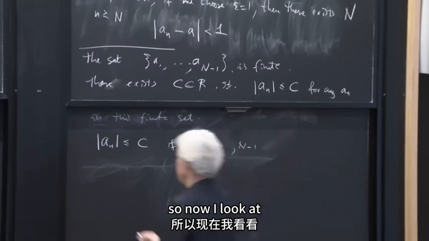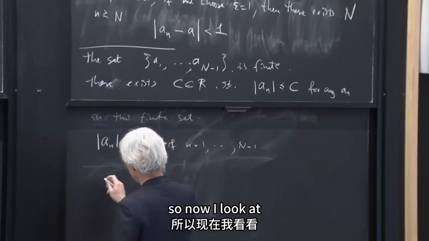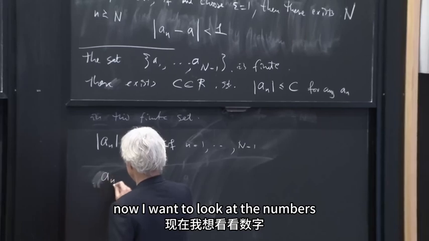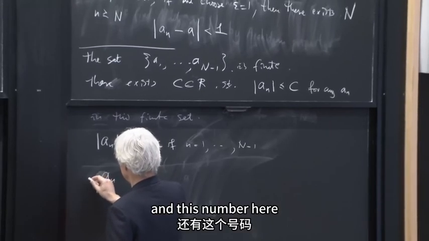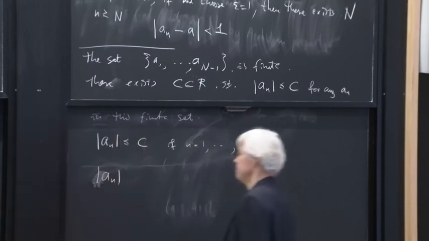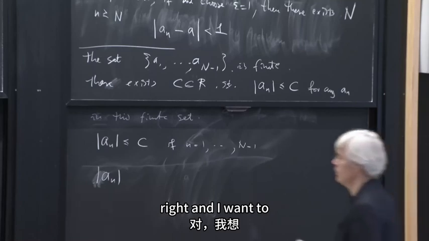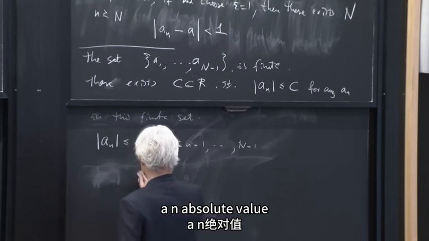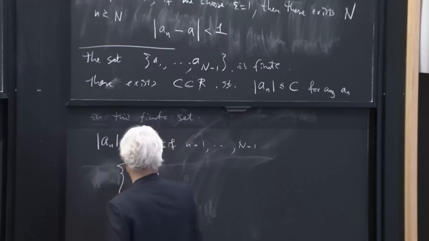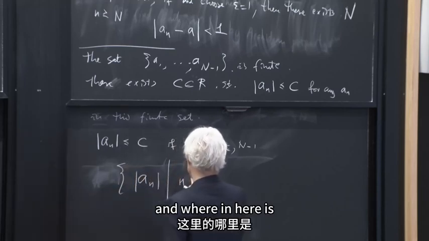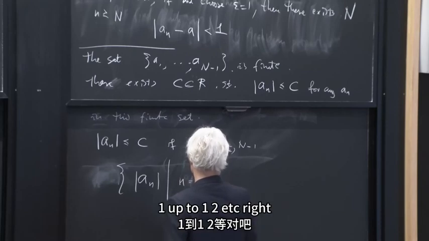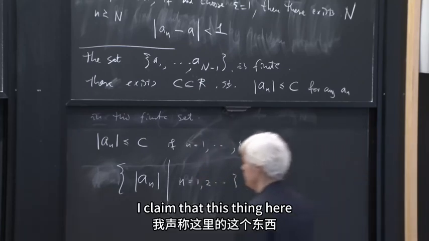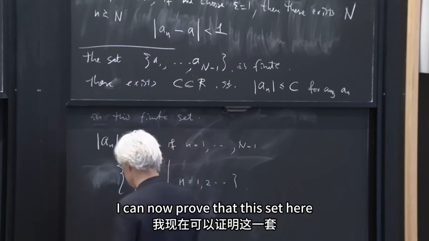So now I want to look at the numbers a_n, and I'm thinking about the set of |a_n|, where n is 1, 2, etc. Well, I claim that I can now prove that this set is bounded.